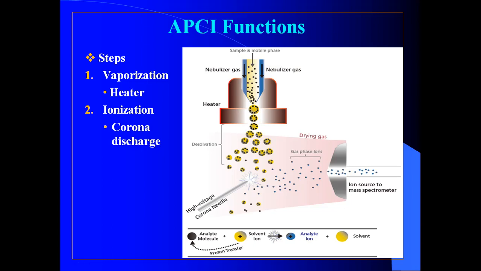Protons are transferred. These are the ionized solvent molecules, and the protons are transferred from these stable reaction ions to the sample molecules in an ion molecule reaction, and this leads to ionization.